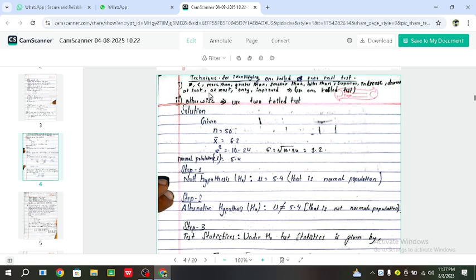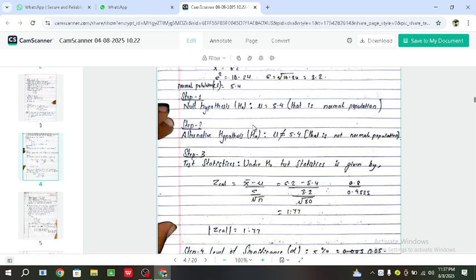If words like less than, greater than, more than, smaller than, taller than, superior, increasing, decreasing, ascending, descending, at least, at most, only, improve come in the question, then that identifies a one tail test. If none of these words is given, then use the two tail test, as we have already done in question number 1. If you did not watch, then just go and watch.